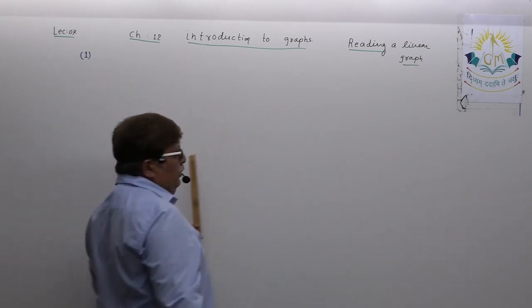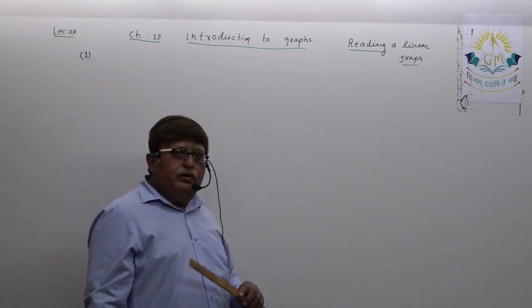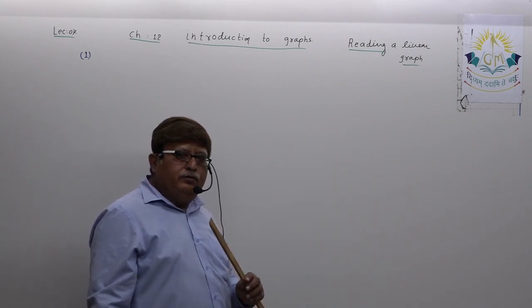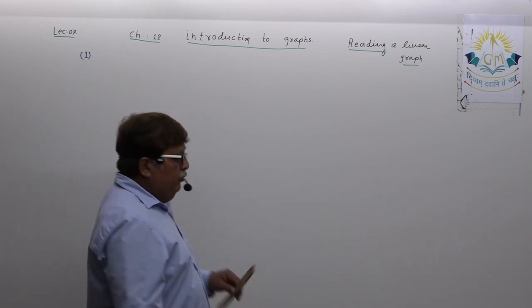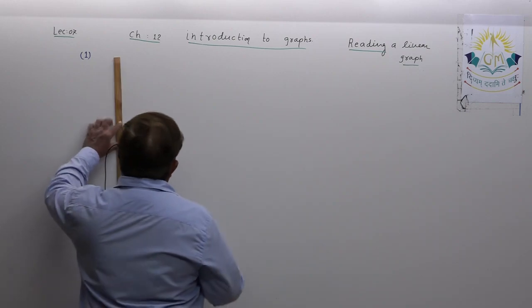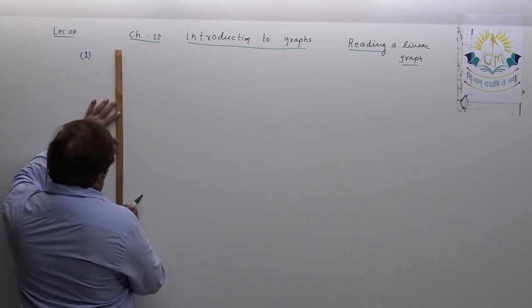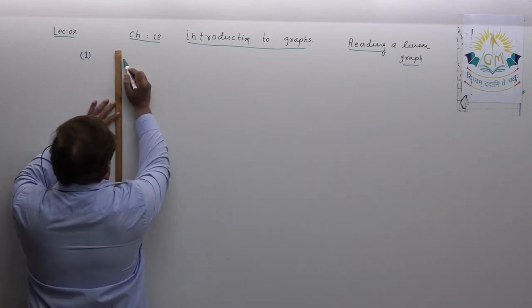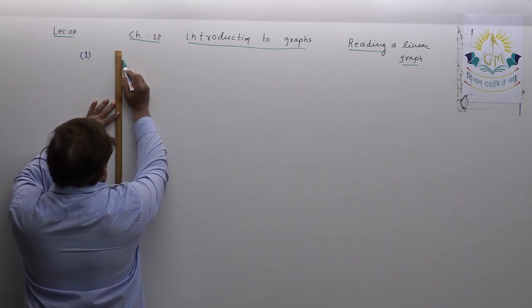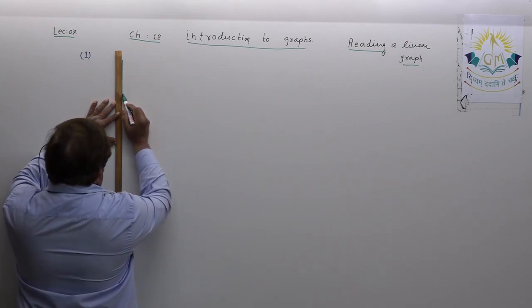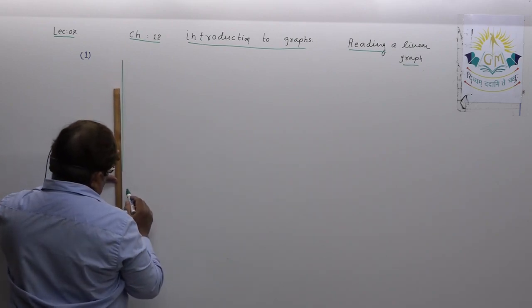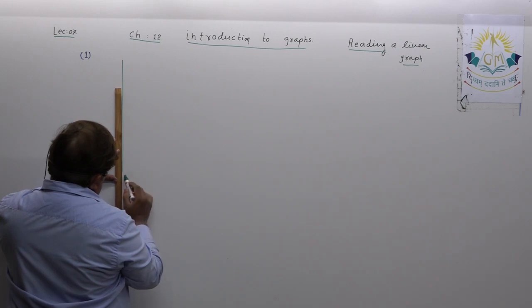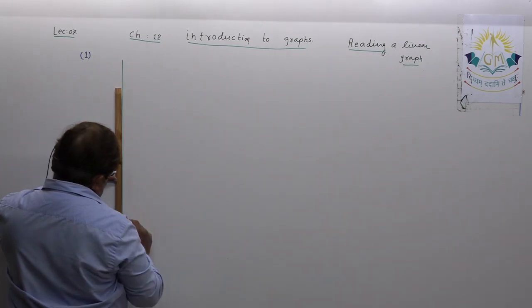In this particular graph only the first quadrant is utilized, so I suggest you draw only the first quadrant, because the entire graph is dealing with the first quadrant only.